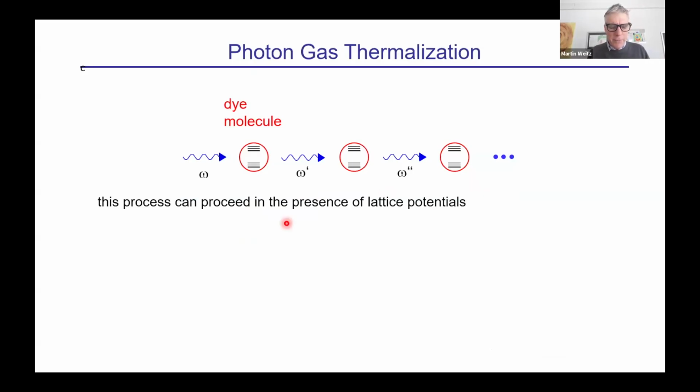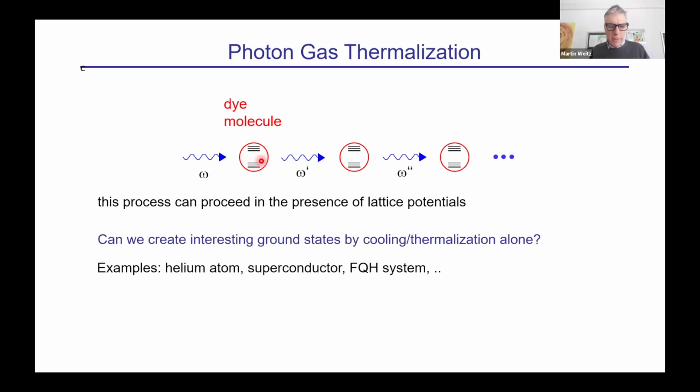And the interesting thing is that in this microcavity system, the thermalization of a photon gas can proceed in the presence of variable potentials because we cool or thermalize the dye molecules with respect to a reservoir.